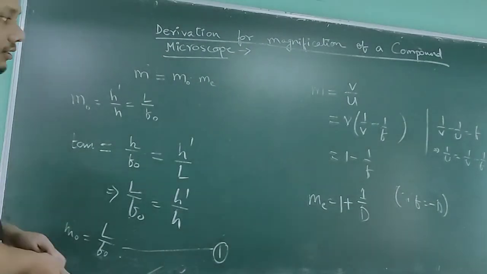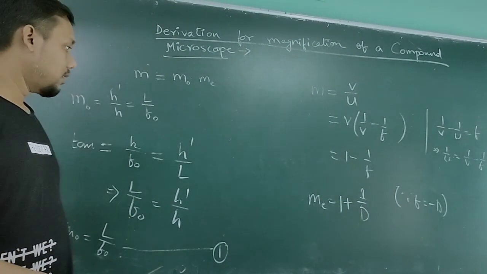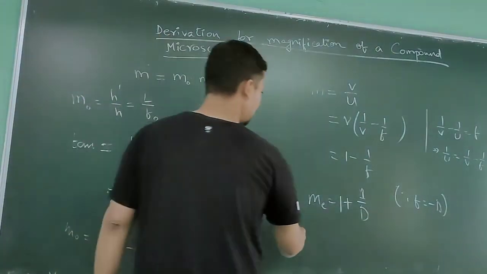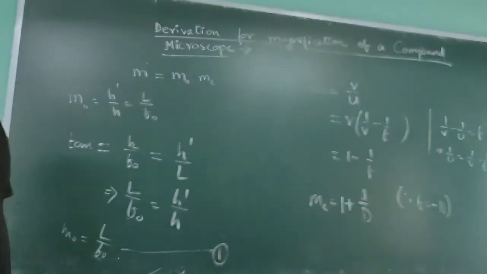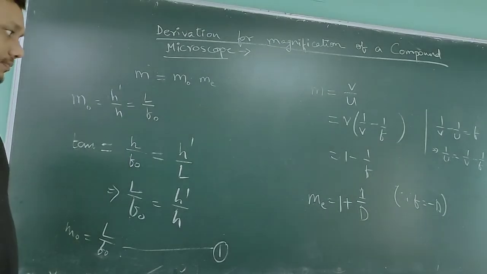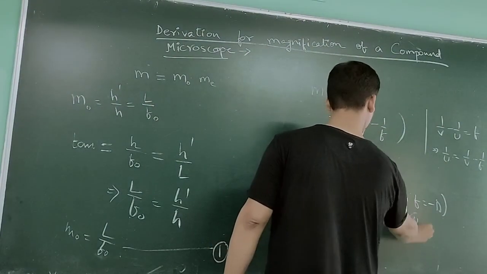And for angular magnification, theta i by theta naught, that we have done. Put this as equation 2.